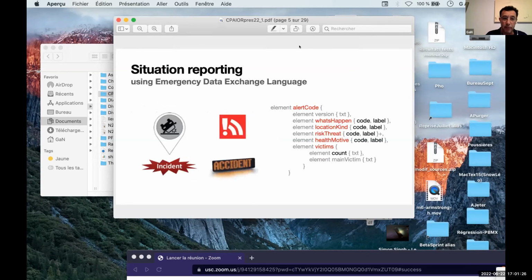When you've got an emergency call, you've got some information brought to you by the call center, and there are some standards for sharing data about this emergency situation. For instance, you know what has happened, what the location is, what the risks are, if there are health motives, for instance if there are victims, and so on.